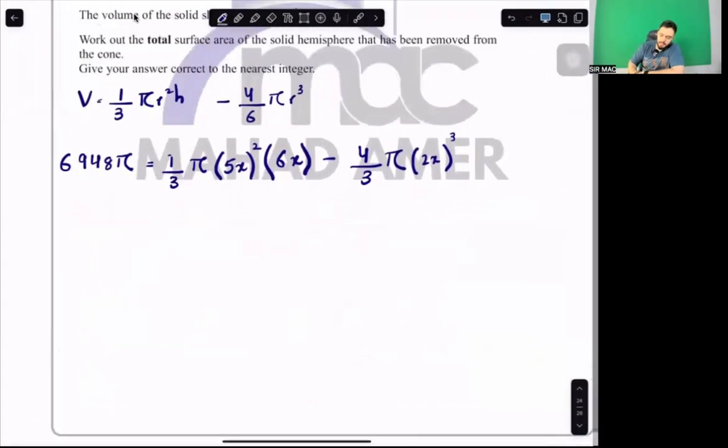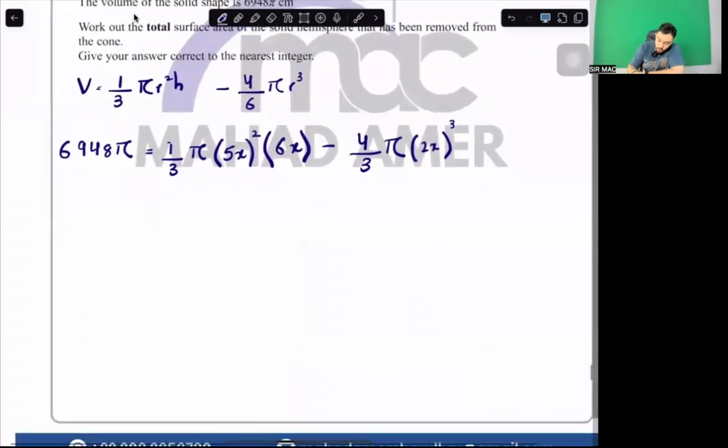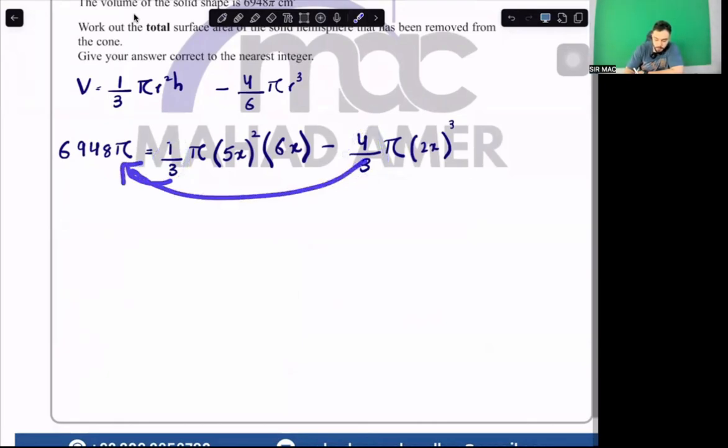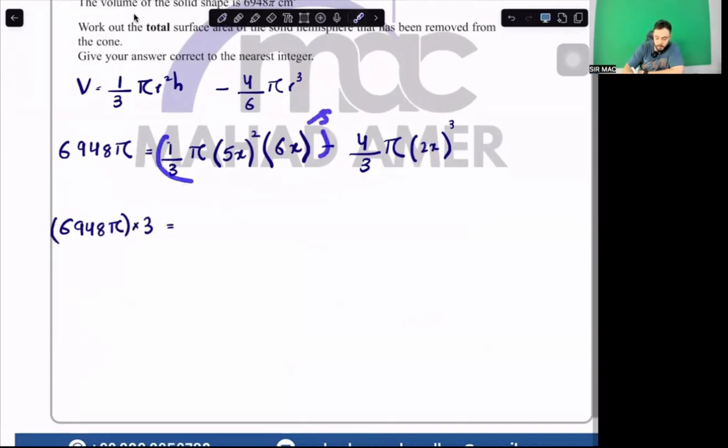Let's try solving that now. Both of these things have a one over three to them. If you take it common and multiply by 3, that's possible. So 6948 pi times 3, or you can say I'm just multiplying the whole equation by 3. The 3 cancels out, and the 3 cancels out.